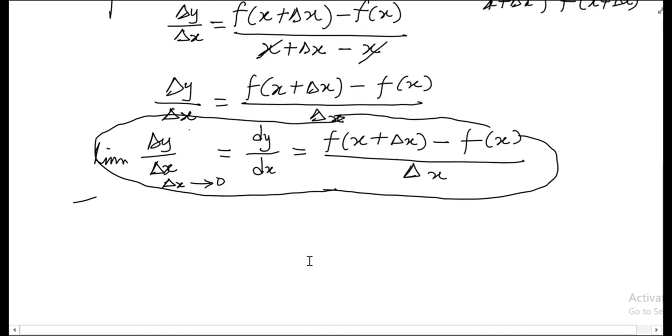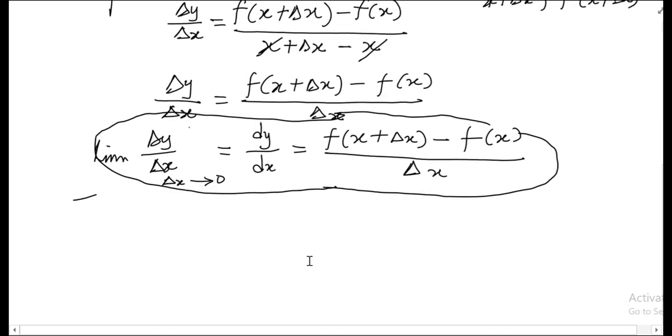Now let's look at a function and differentiate. For instance, maybe you have a function like f(x) equal to x squared. So for instance, let's differentiate from first principle. If y is equal to f(x) and is equal to x squared, let's find our dy/dx, where y is a function of x.